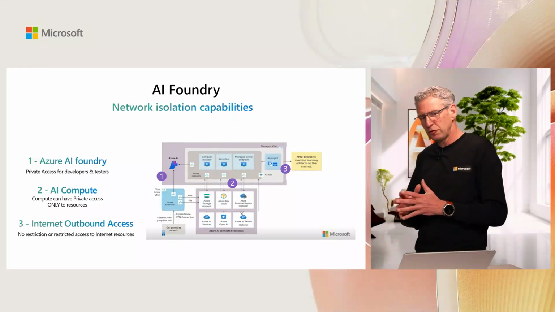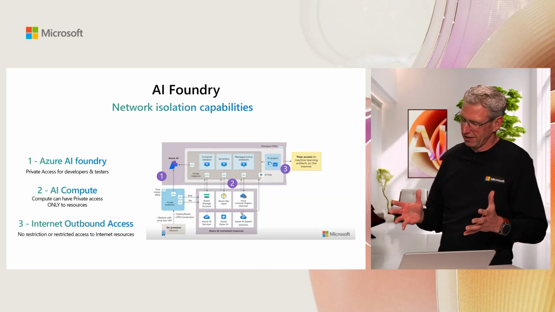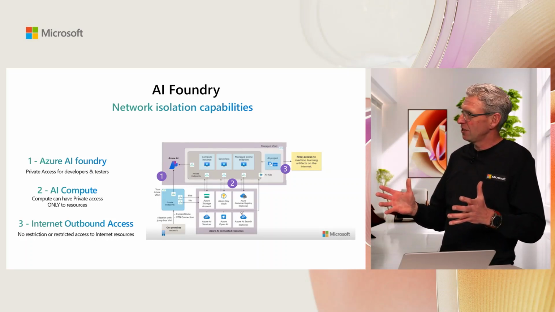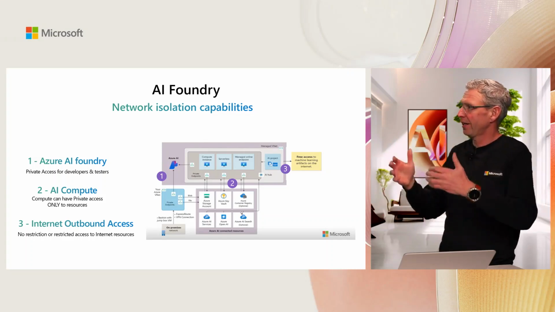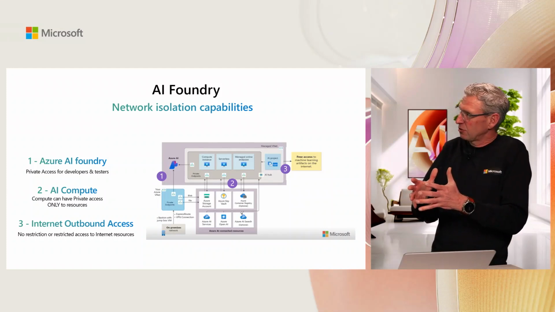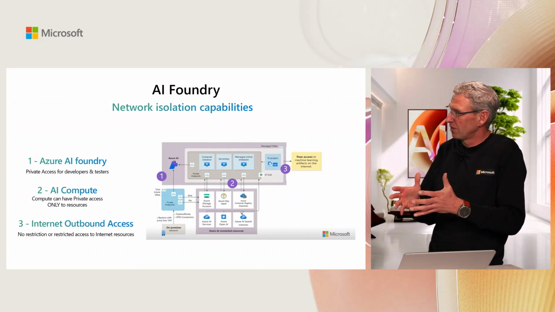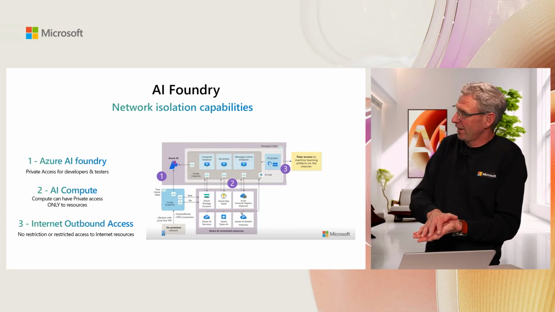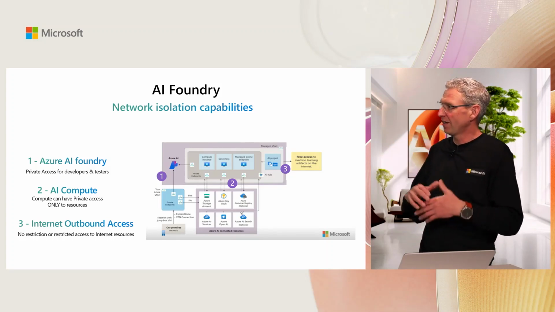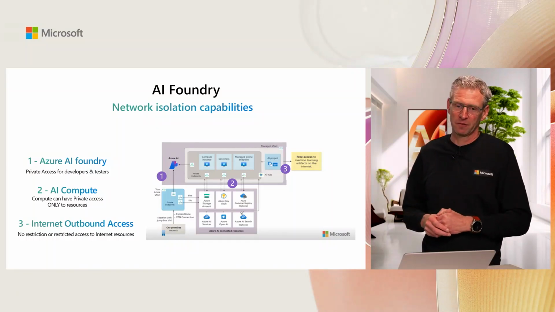So maybe I can best show it in a picture. AI Foundry has different components. One of the components is a kind of developer portal that you need to access to develop your AI-ready applications. You can lock down access to that portal using private endpoints. So that is fully in line with the standard landing zone. You can configure that by default in the hub configuration of AI Foundry.